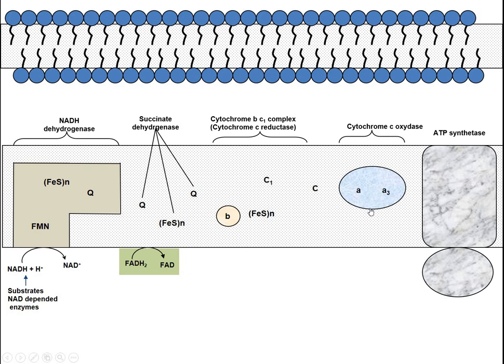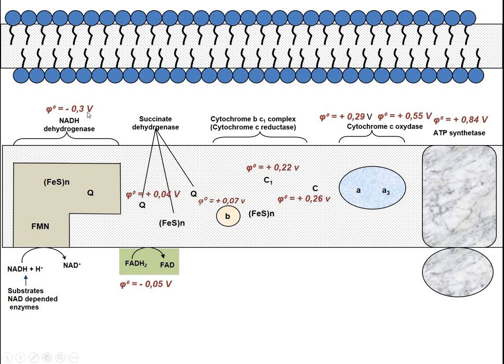It will happen spontaneously because the oxidation and reduction potential value will increase from minus 0.3 volt at the first respiratory complex to plus 0.84 volt at the fifth respiratory complex.